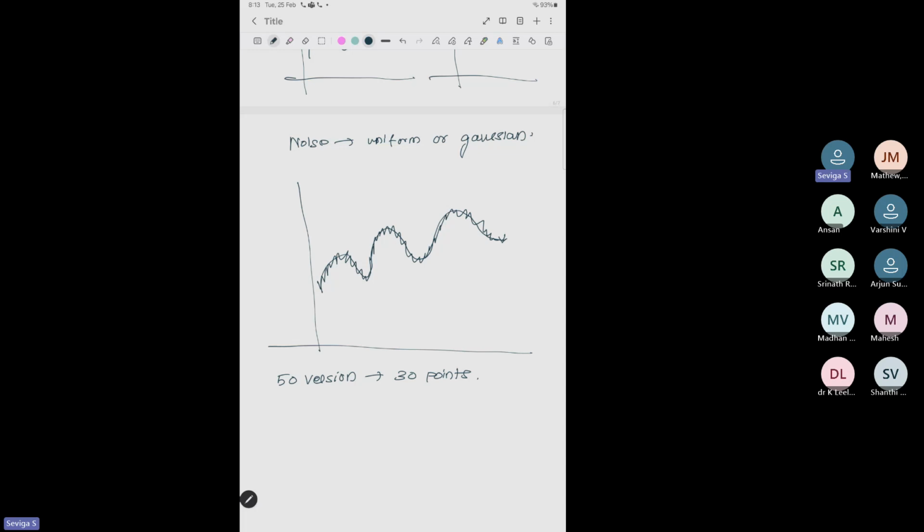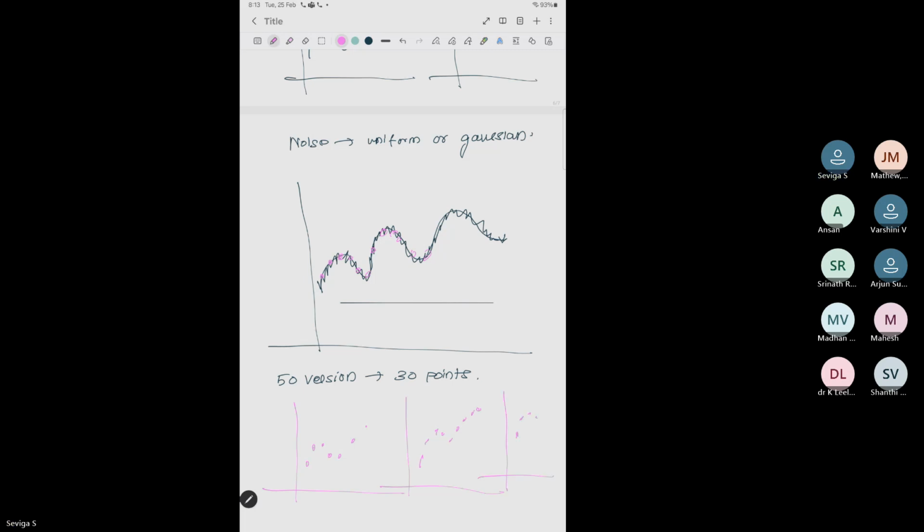We have fit the underlying curve using a curve fitting algorithm. Then we take samples from these curves, each sample consisting of 30 points.